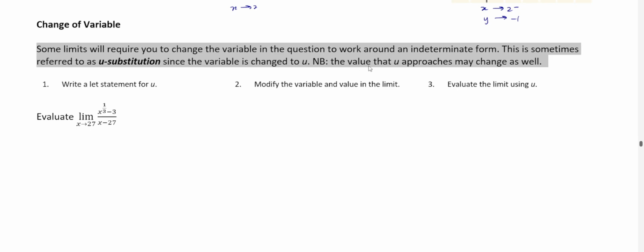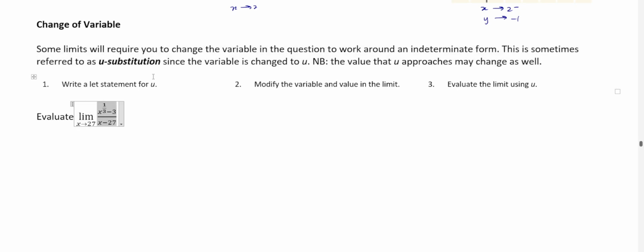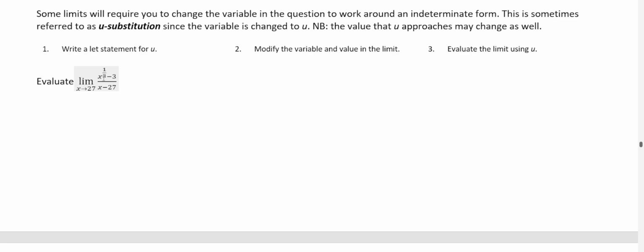Note well that the value that u approaches may also change as well. So we're going to have to change this expression right here using u, and we'll also have to change the limit value as well. So what I'm going to do here is look at this x to the power of 1 over 3, and I'm going to use my u substitution there.